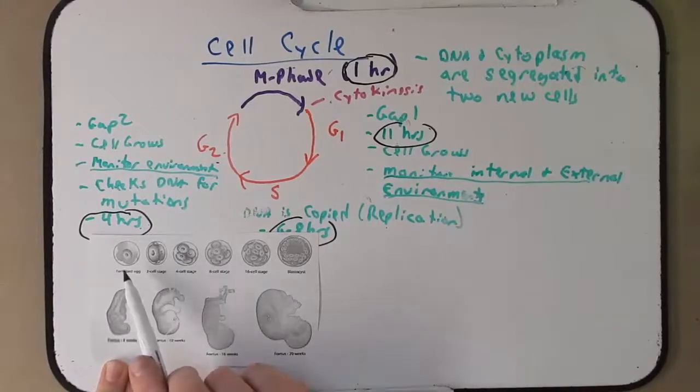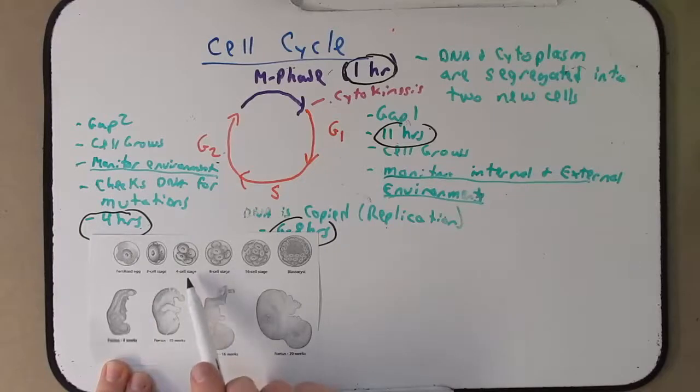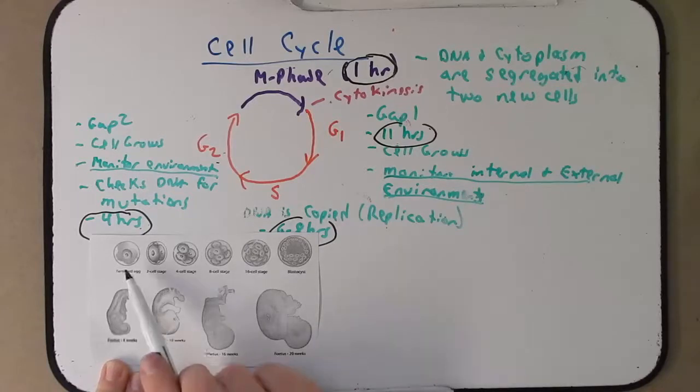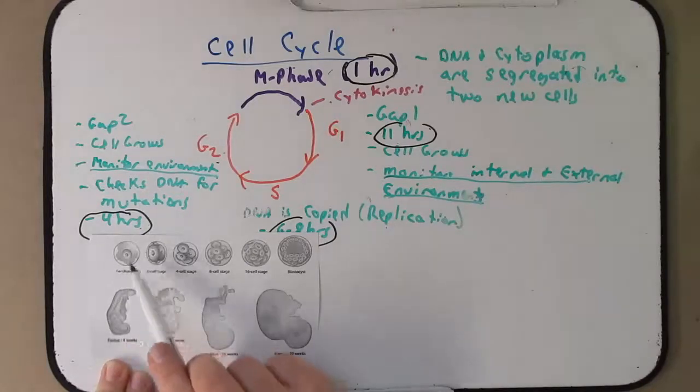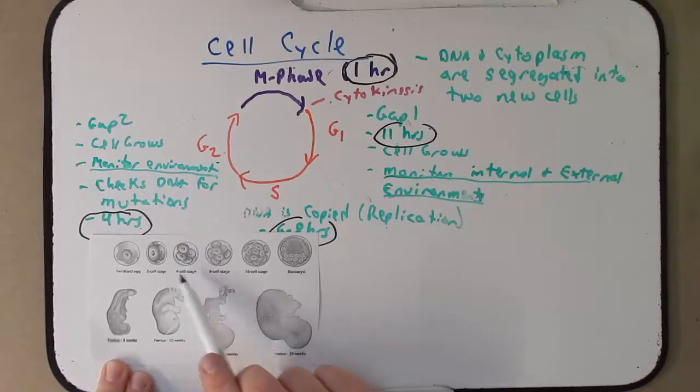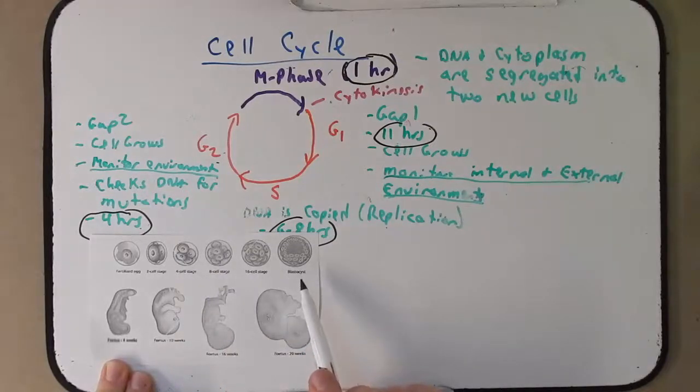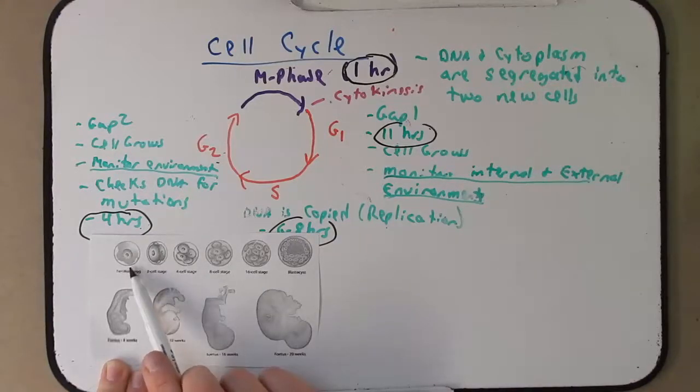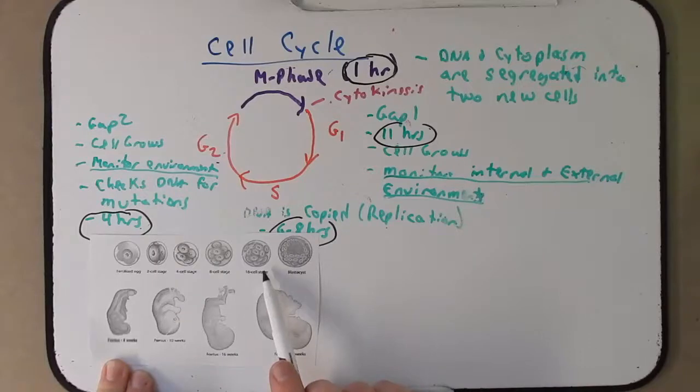And what you may notice is that from this fertilized egg to the 2-cell stage, to the 4-cell stage, to the 8, to the 16, and really even to the blastocyst stage, the overall space that is being consumed by these different cellular stages is about the same. And this is a fairly accurate depiction. The size of the fertilized egg and the 16-cell stage or the blastocyst is about the same.